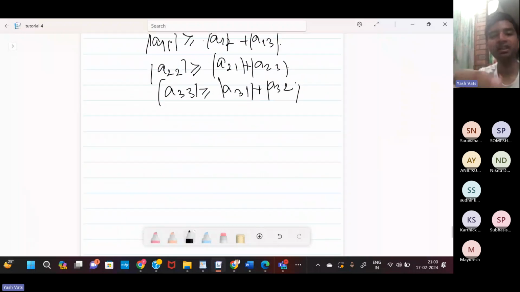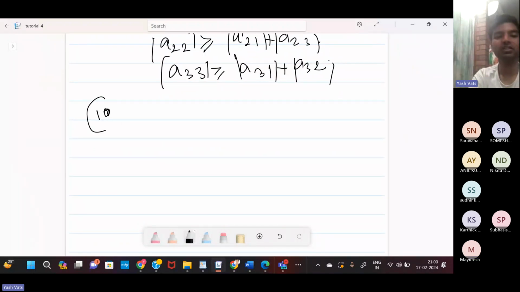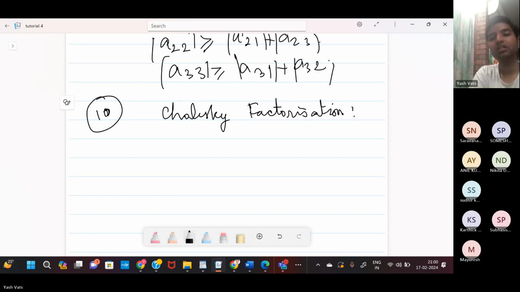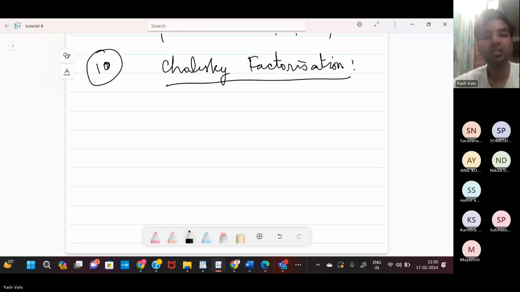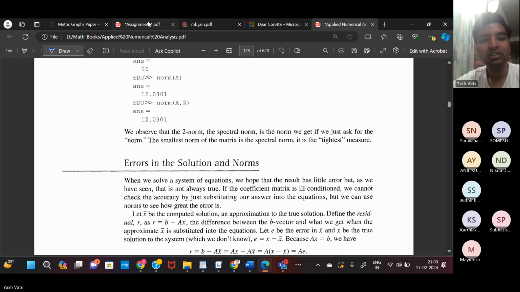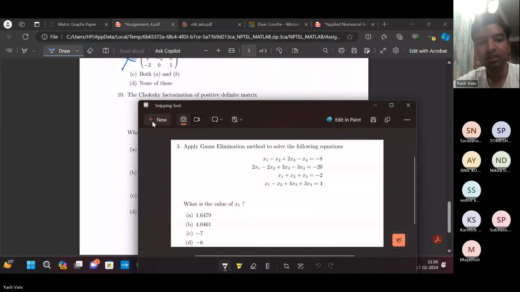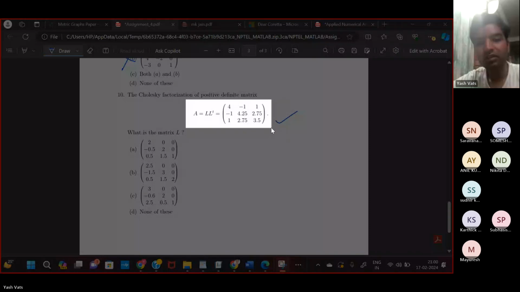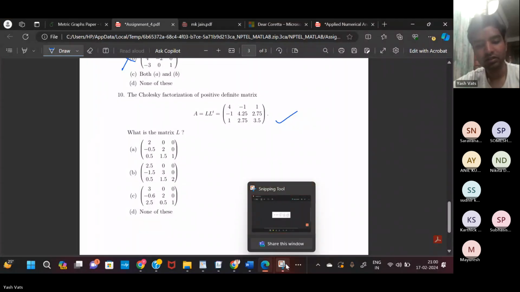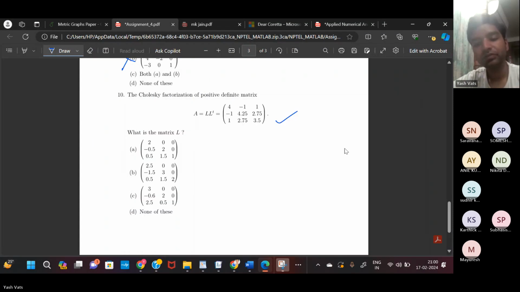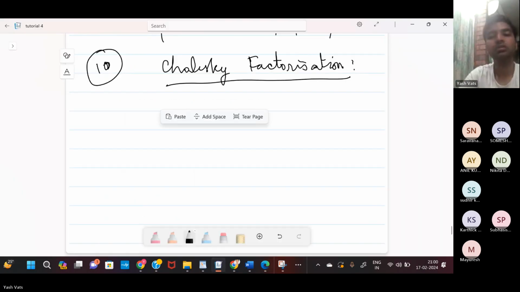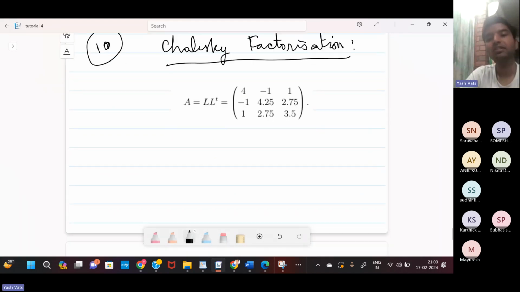So here in this matrix, let's try this one. I just copy this matrix.